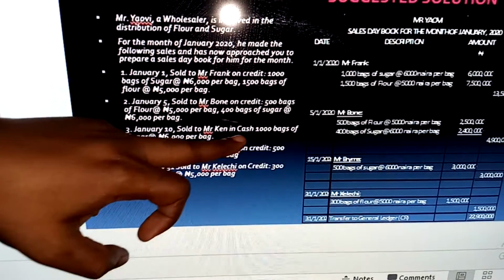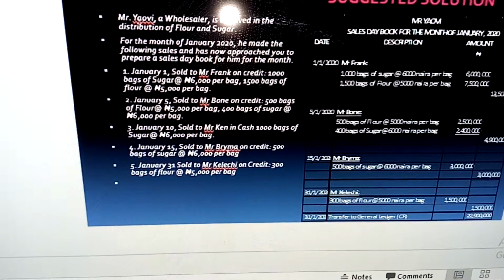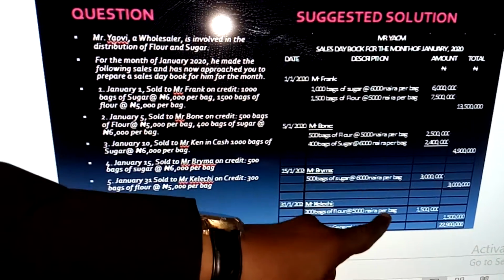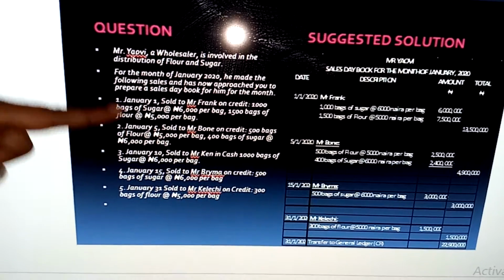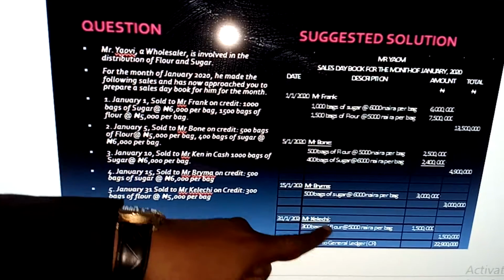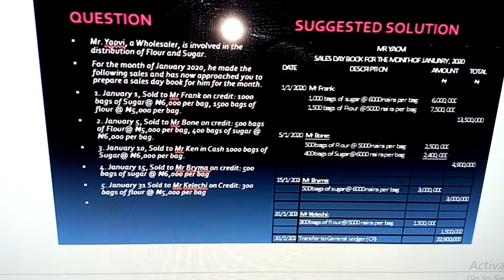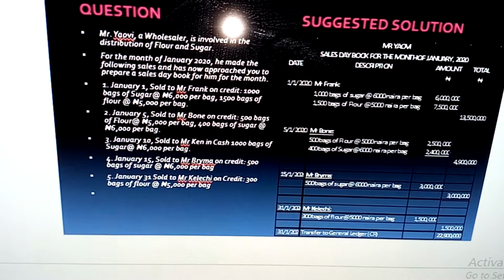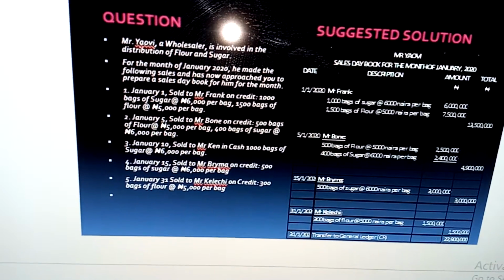So this one is meant for another type of book, but not the sales day book. In examination condition, I will not record this in the sales day book because the sales day book is not for cash sales, but for credit sales. So it will not be recorded here.